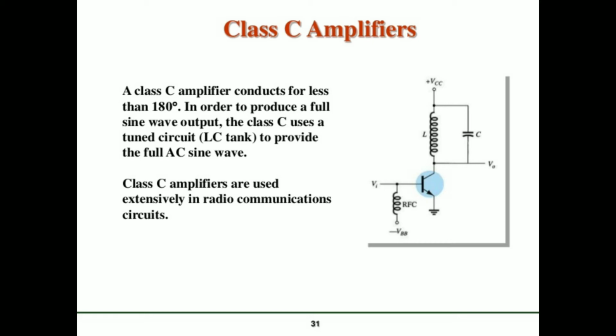So in order to produce a full sine wave output, class C configuration uses a tuned circuit, or we can say an LC tank circuit, for getting a full AC sine wave at the output. This is called a tuned circuit or resonant circuit used in class C amplifier. Class C amplifiers are used for tuned amplifier circuits, and their application is in radio communication circuits.